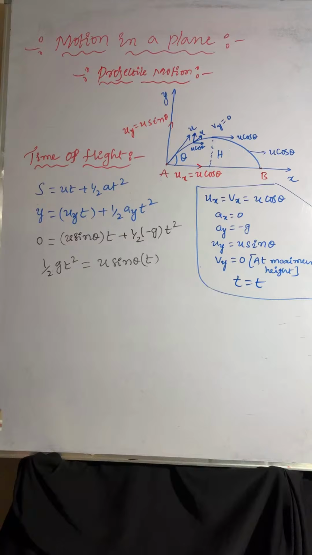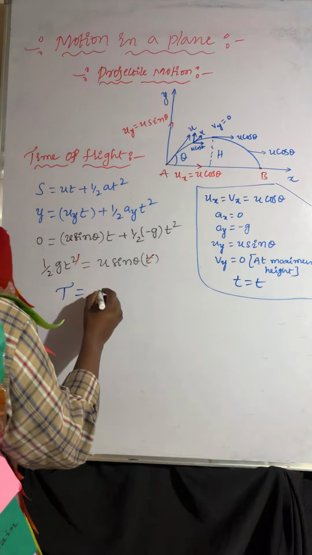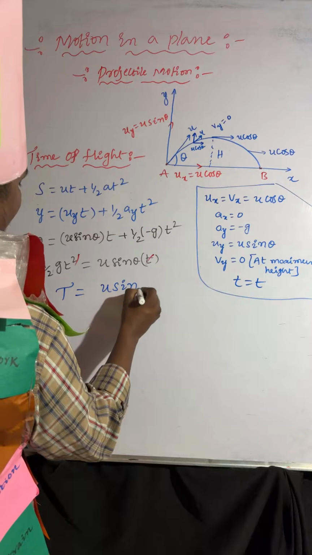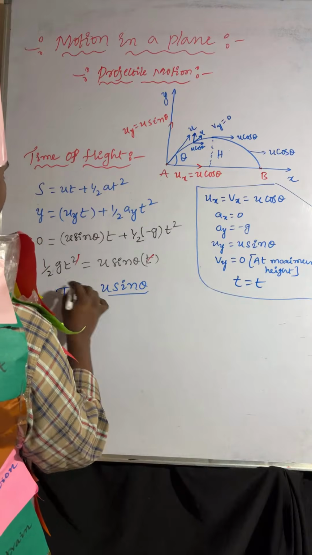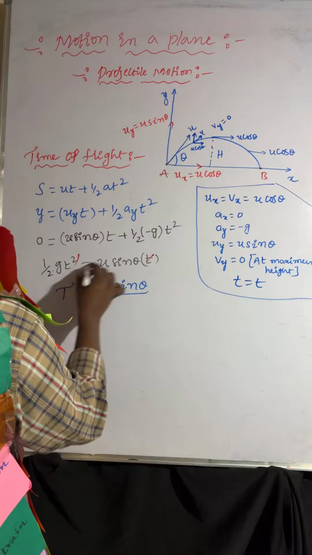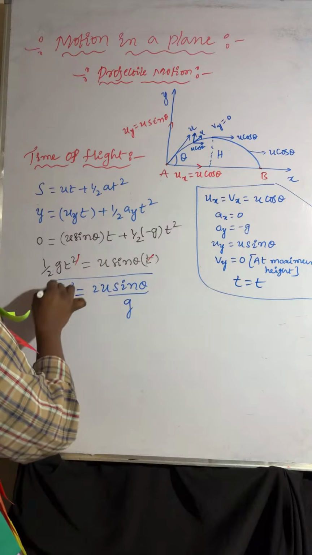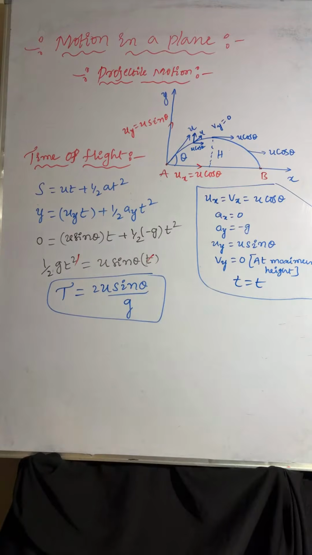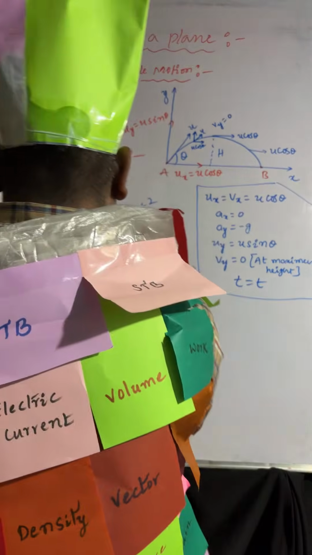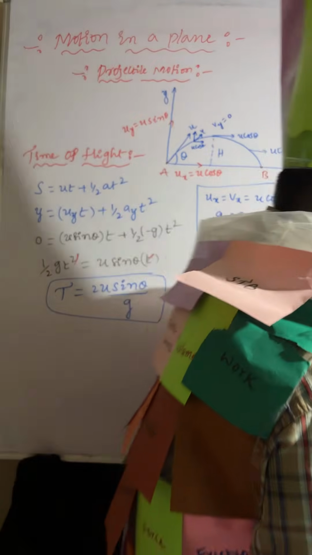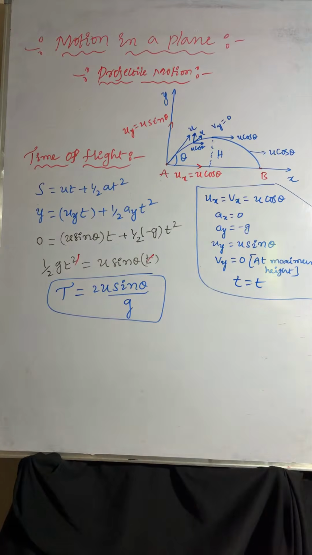So we cancel one t here, so t equals 2u sin theta by g, and that is nothing but the time of flight. This is the time of flight formula: time of flight equals 2u sin theta by g. Is it clear? Just check once.